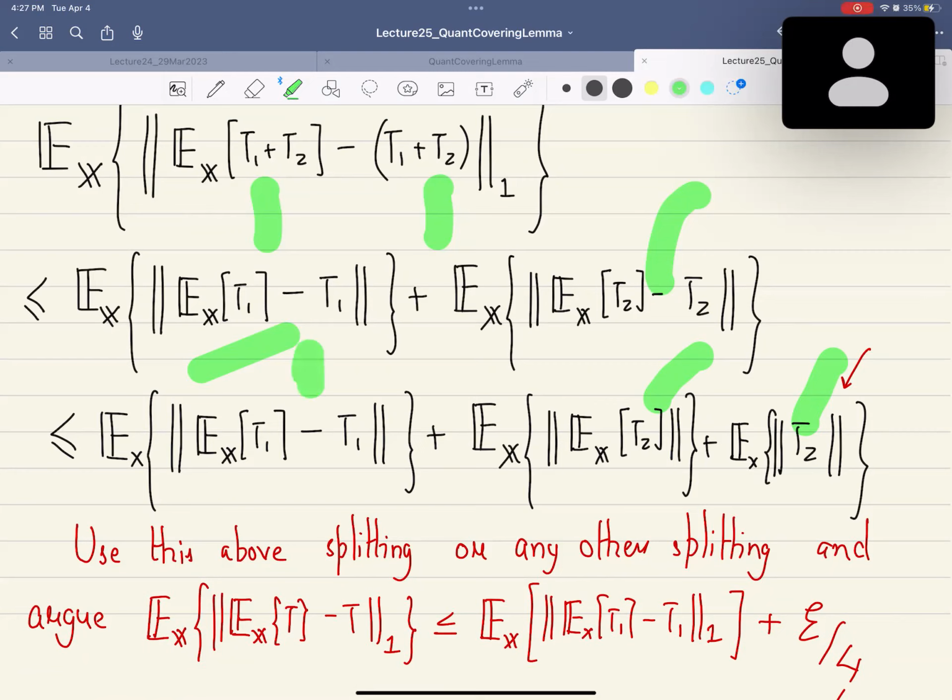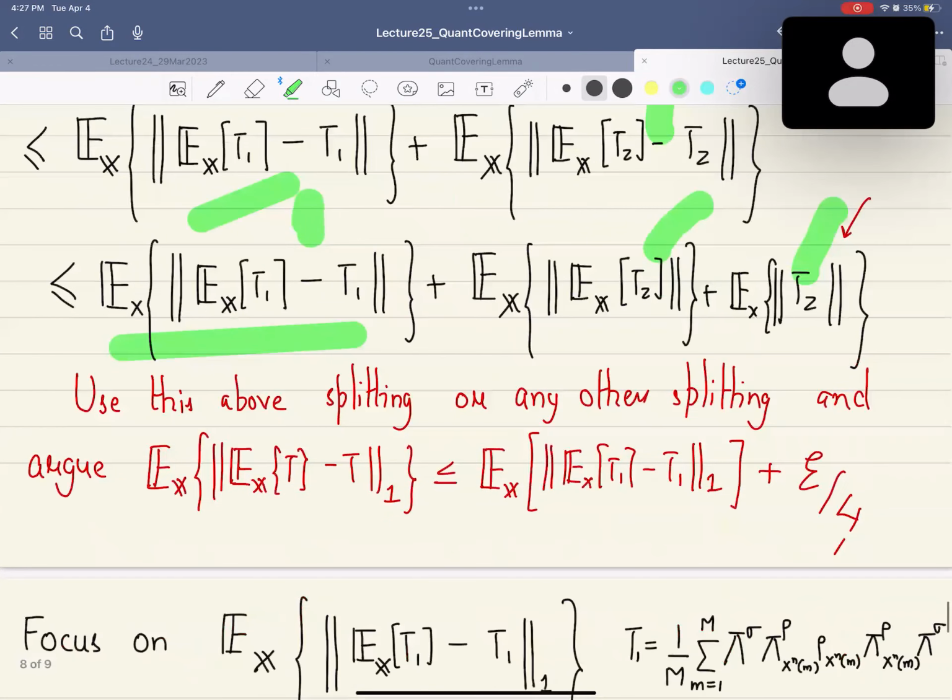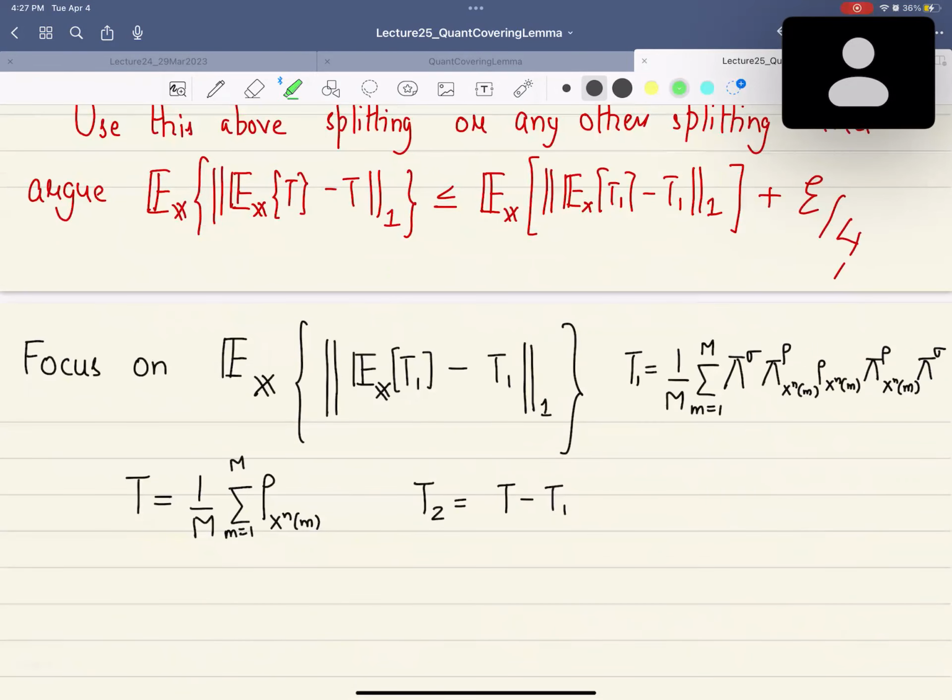I don't know what this beast is, but I have defined T1 as this, and the expected value of T1 on the left is a chopped off density operator. It's chopped off in different ways, right?